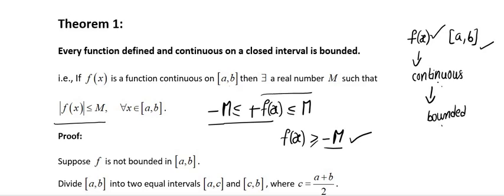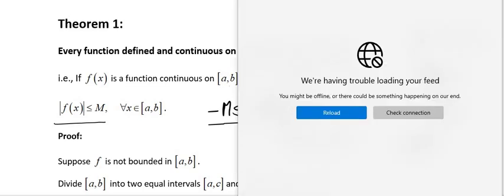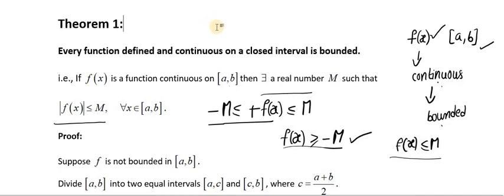If we consider this one, then f of x is less than or equal to M. That means bounded below. Therefore, we have the bounded above concept and the bounded below concept. Therefore, this is same as the condition of boundedness.